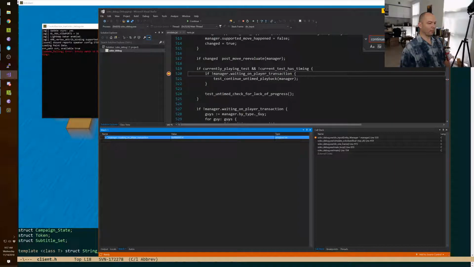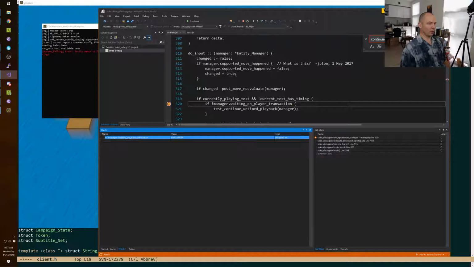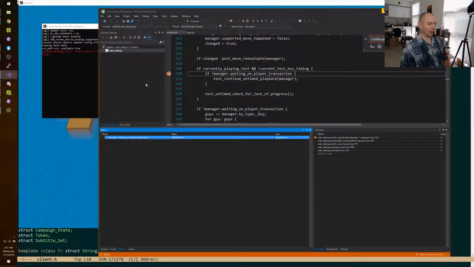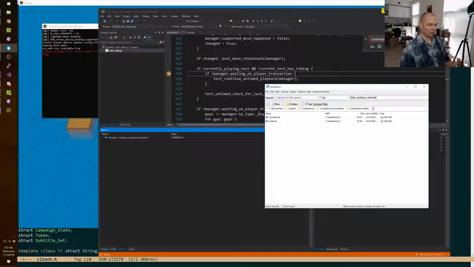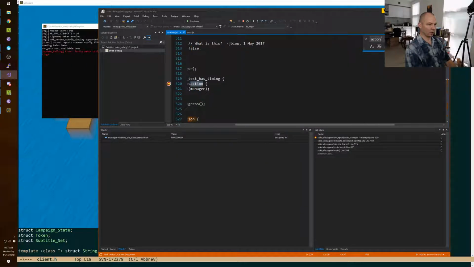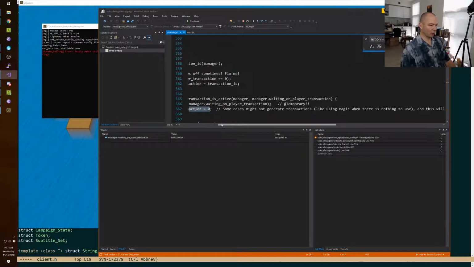All right, so now this gets updated once per frame. So let's go to that. There's a place where we clear it by setting it to 0. Like here.